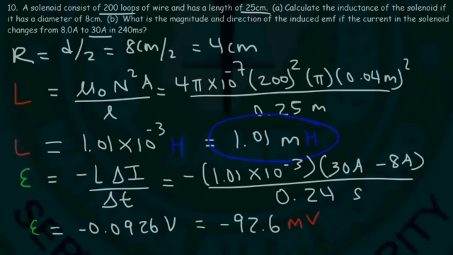Now, because the EMF is negative, that means that the induced current is opposite in direction to the original current that created it. So let's say if this is the solenoid, and this is the original current. That current increases from 8 to 30. Because the current increases, the change in current is positive.